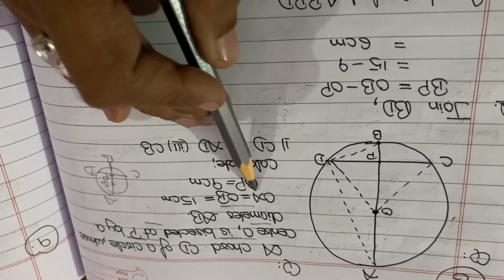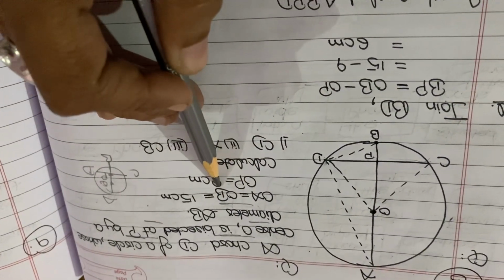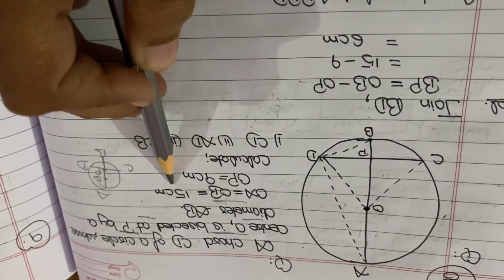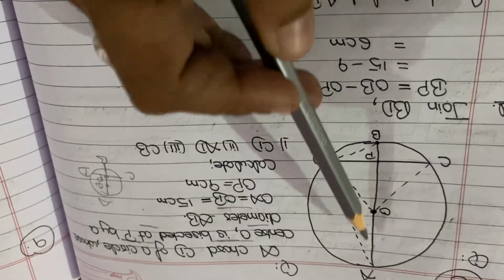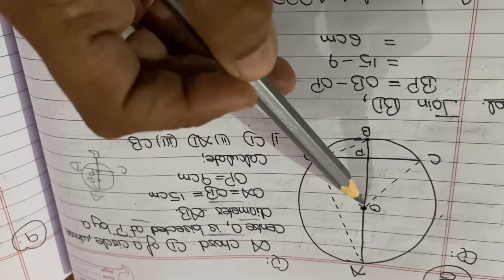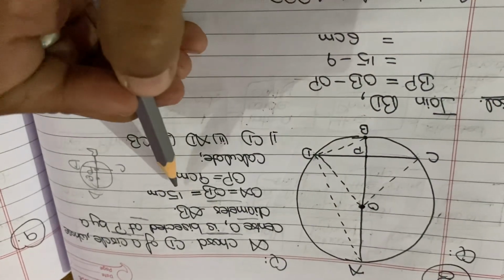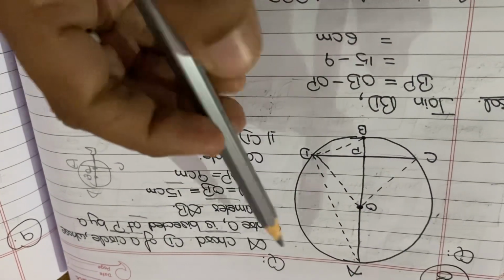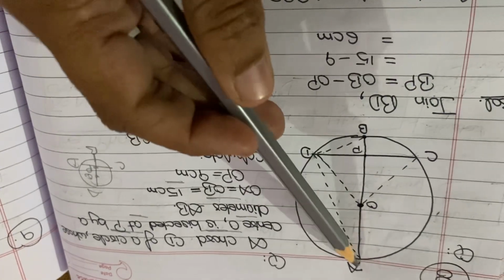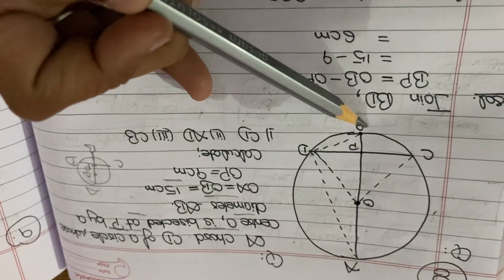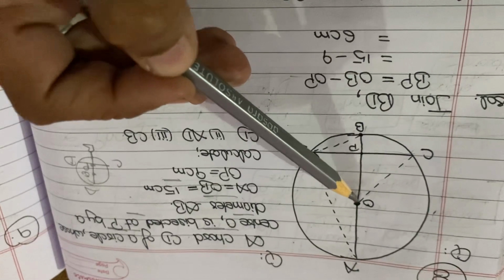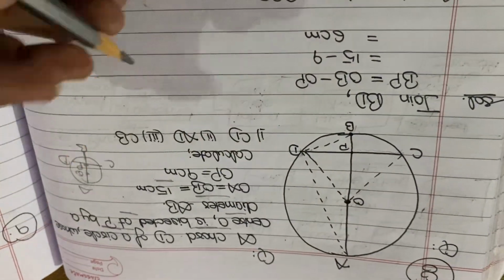Now OA is equal to OB, which is 15 centimeter, and it is also the radius of the circle.